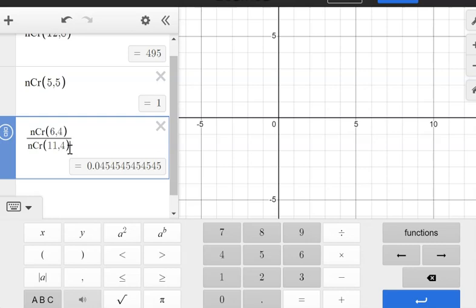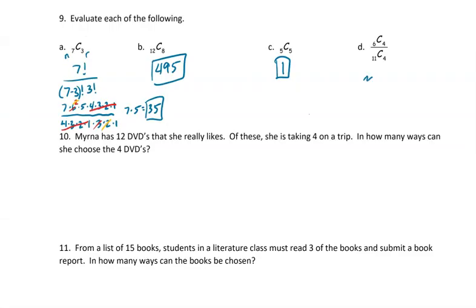So it is 0.0454545 repeating. We'll say it's approximately 0.045. All right, so again, just like the permutations, you will need to know how to do it using those factorials, but for most of these problems, you can just go ahead and plug it into a calculator.